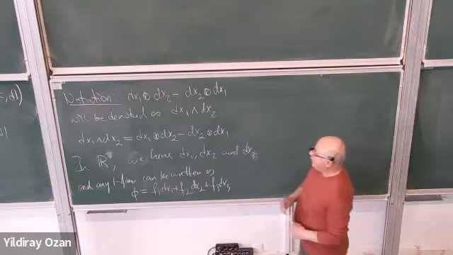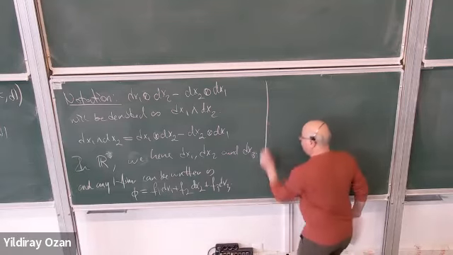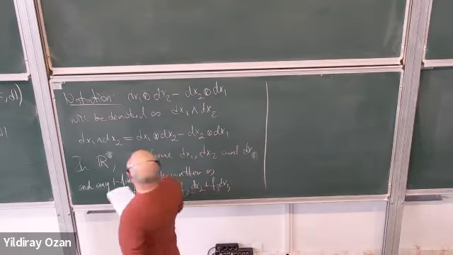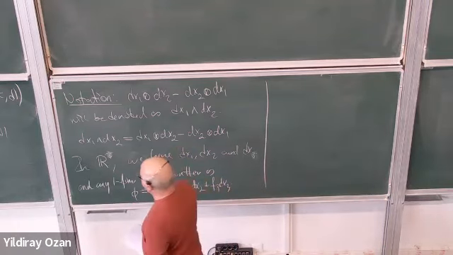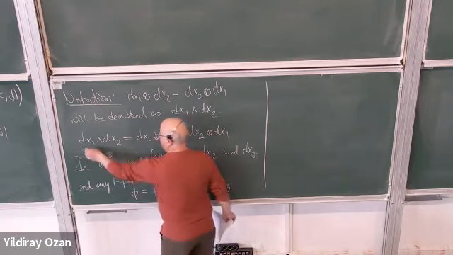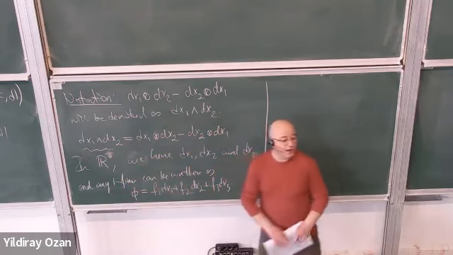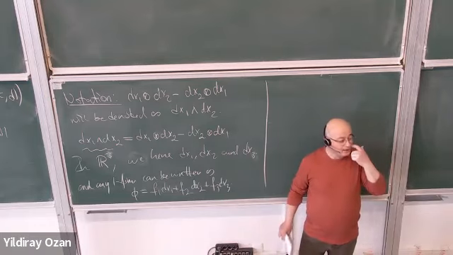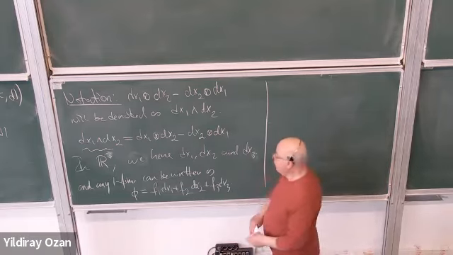What about the form of a two form? Well, a two form is an object like this, dx1, dx2. In R3, I have also dx3, so I should take that into account.